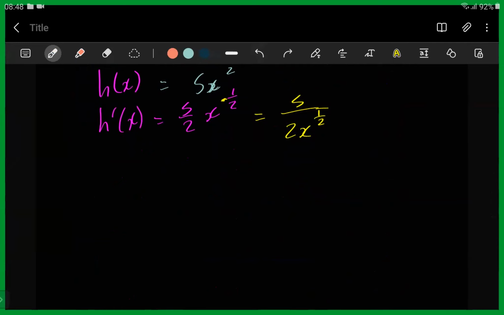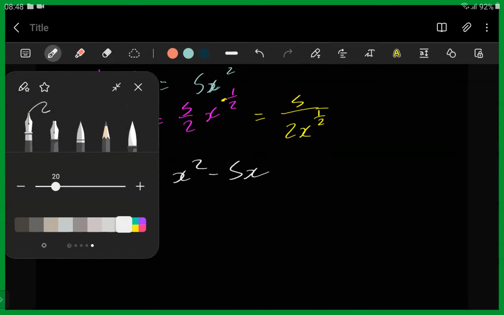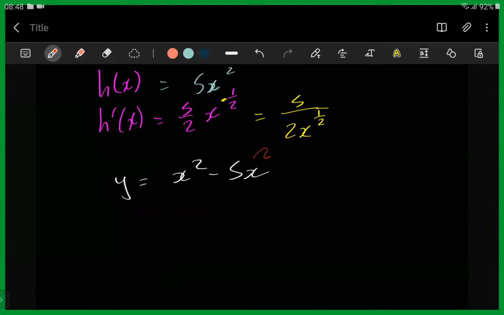Here it can have y is equal to x squared minus 5x. If you had to differentiate this, fortunately, this is in standard form. This is also in standard form, because for this one, the exponent is just a 1 here. The coefficient of x is also just a 1.